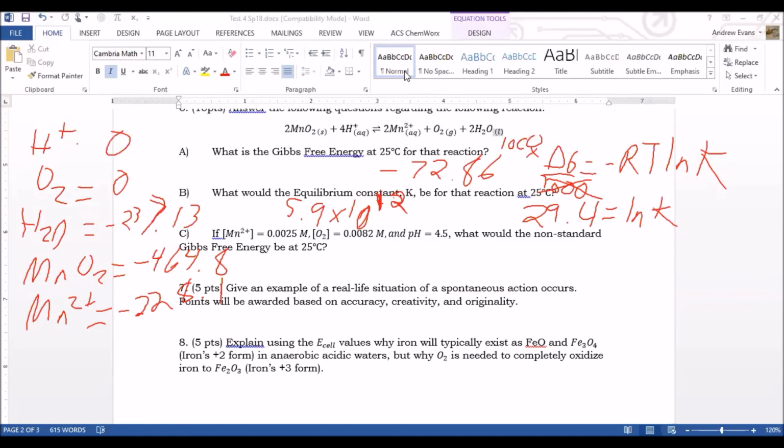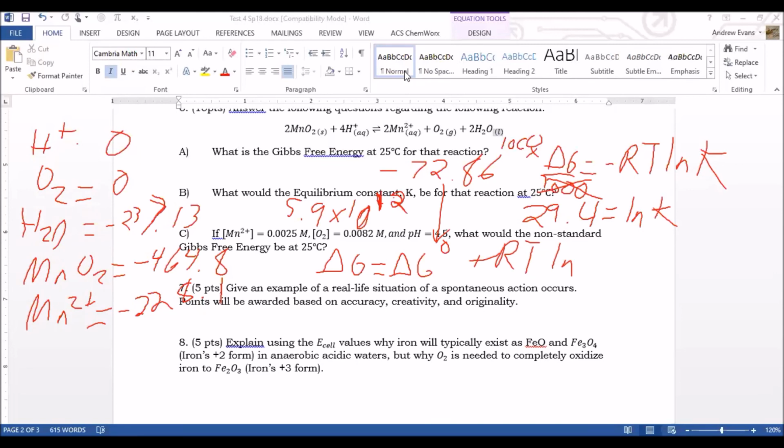Now the final thing. What is the Gibbs non-standard free energy at these concentrations? So G equals G naught plus RT ln Q. Q is products over reactants.